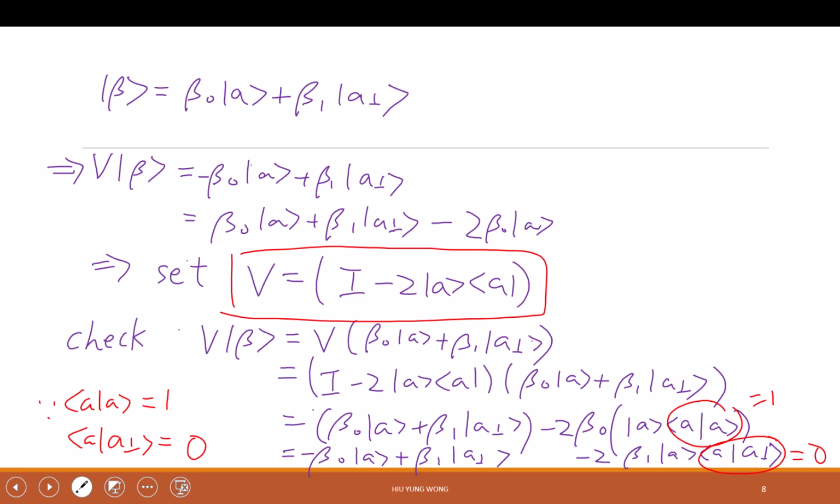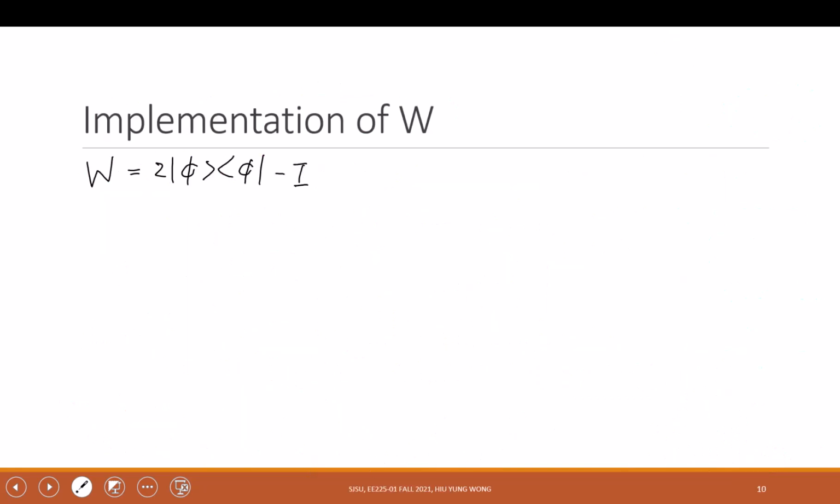And this one will flip about A perpendicular because you have negative 2 outer product A. And this one will flip about phi because it's positive 2 outer product. The math will just make it flip about that, because the flipping is that you keep one component the same, and the other component you negate it. Okay? So this is W.